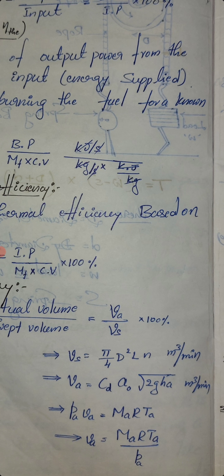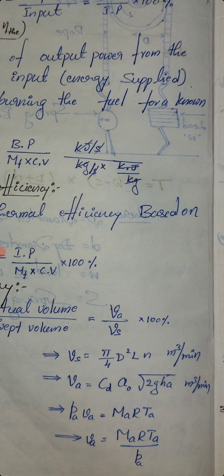With the help of this you calculate the head of the air. That head of the air, Ha, is substituted under the root, and we calculate the volume of the air. Also we know that Pa Va equals m R Ta. So that is another way to calculate the volume of the air.